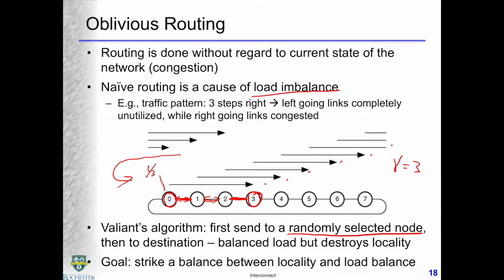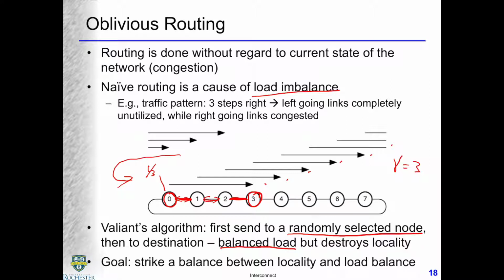Because it's randomly selected, that intermediate node becomes uniformly distributed. And then they are sending to a certain destination node, and then hopefully the traffic would utilize all the network channels available. So that may give you quite a bit of a balanced load, but it completely destroys locality.